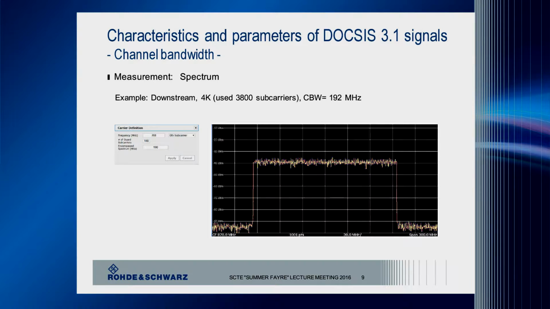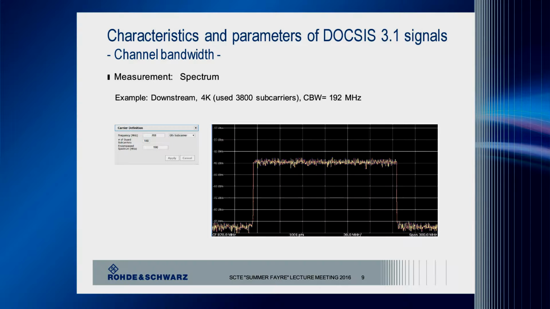So the simplest measurement which could be done is at first the spectrum. I have selected for this example a 4K mode with 192 megahertz nominal bandwidth, 3,800 subcarriers in use. And here you can also see the setting from the generator, as a reference.